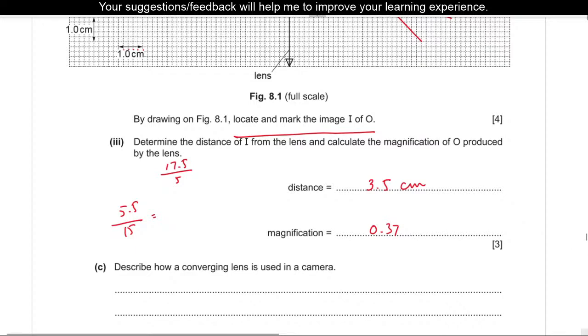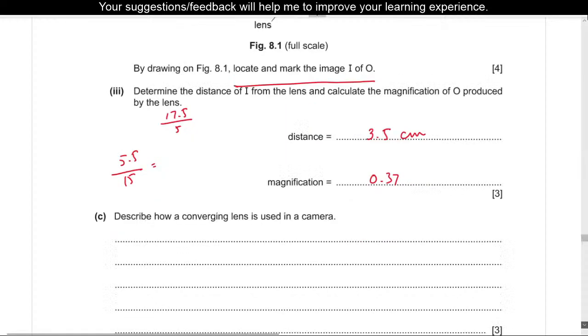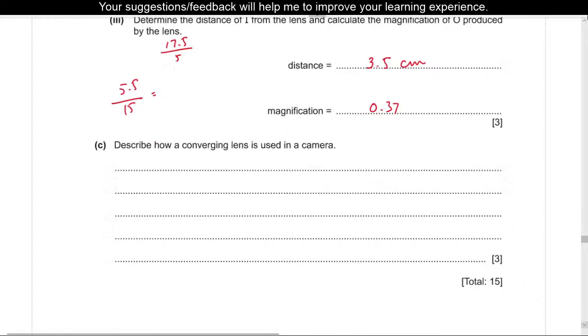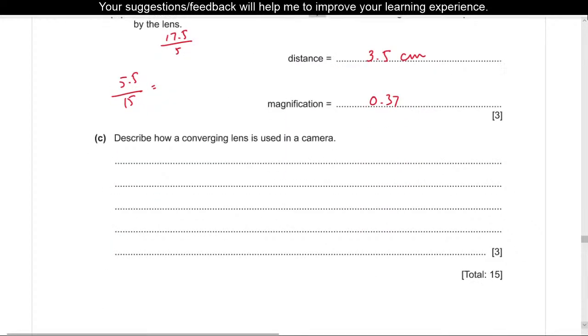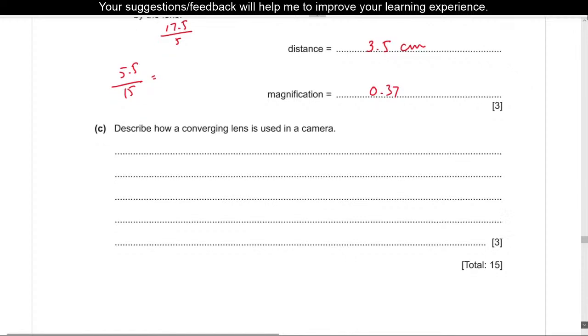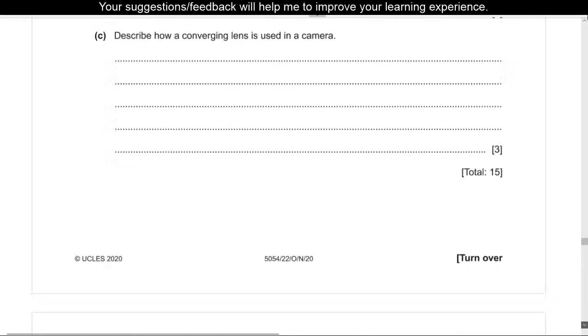Okay, describe how a converging lens is used in a camera. So you have studied it in your course. You have to simply write here how it is used. There is nothing difficult in this, so let's skip this.